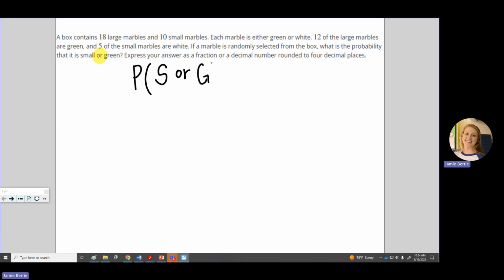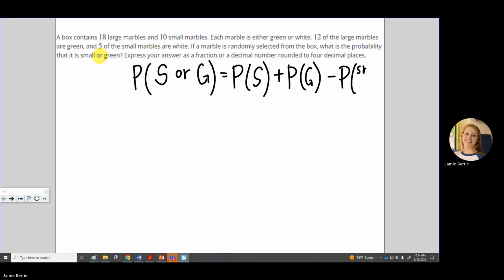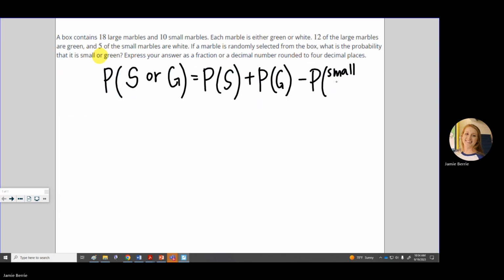So the probability that the marble is small or green is equal to the probability that the marble is small plus the probability that the marble is green minus the probability that it is small and green. I'll write it out here.